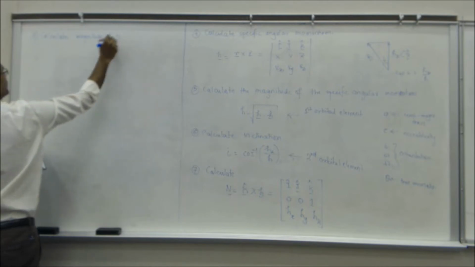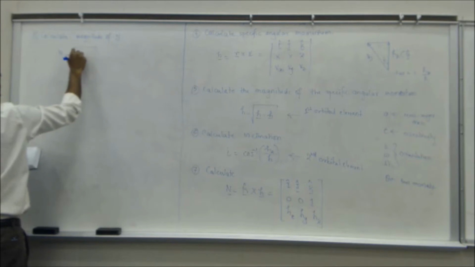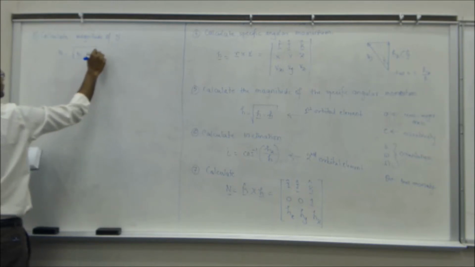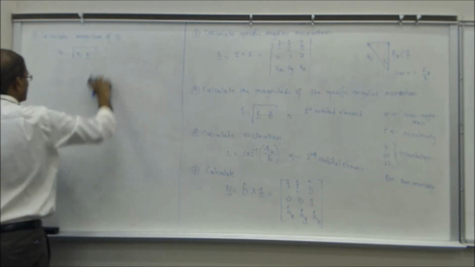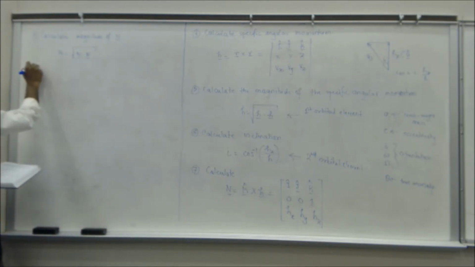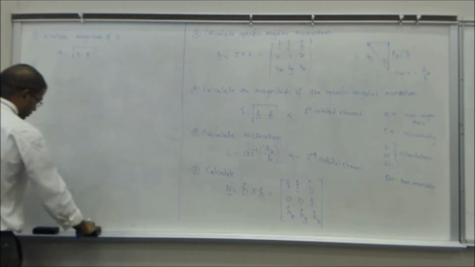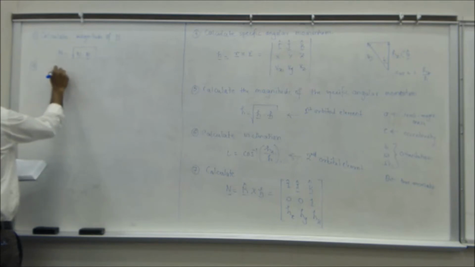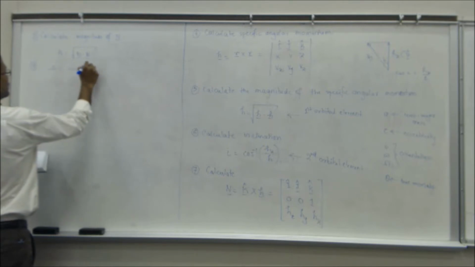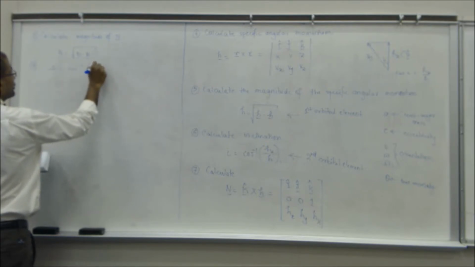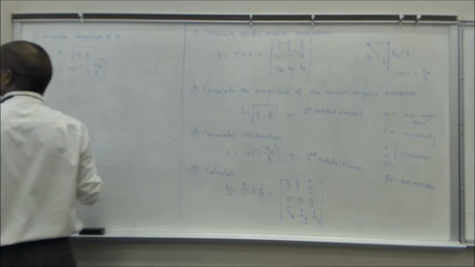So n is root of n dotted with n, which is equal to, that's about it. So your cosine of omega is cosine inverse nx over n. Okay. So again, cosine inverse is something like this.